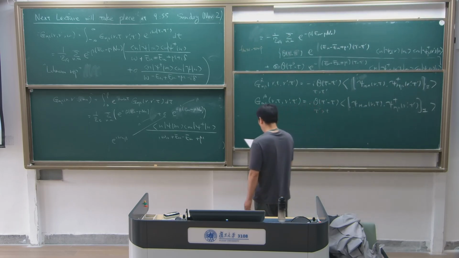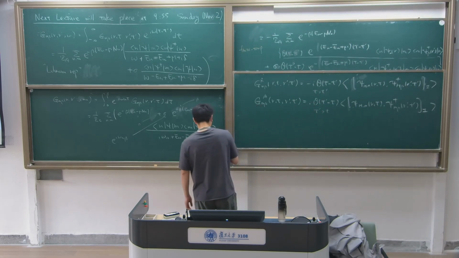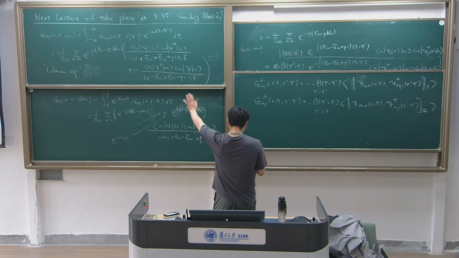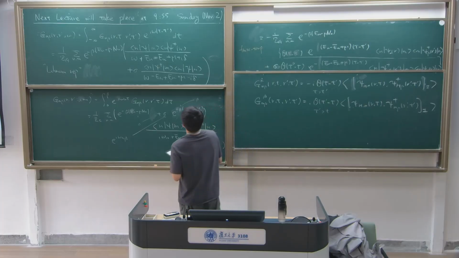And let's consider the Lehmann representation of the retarded function. You can do the same exercise as before, but now you have to be a bit careful about how to do that because here.